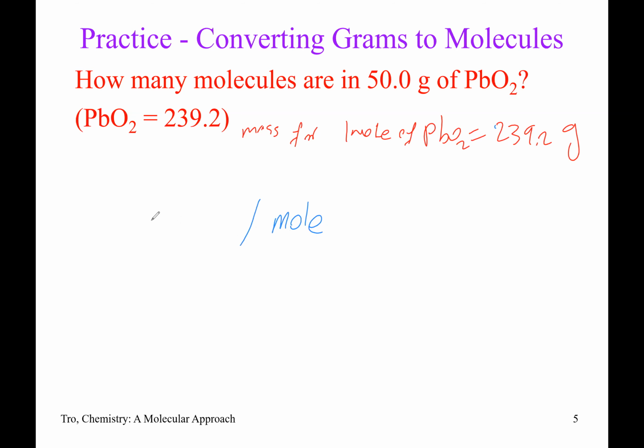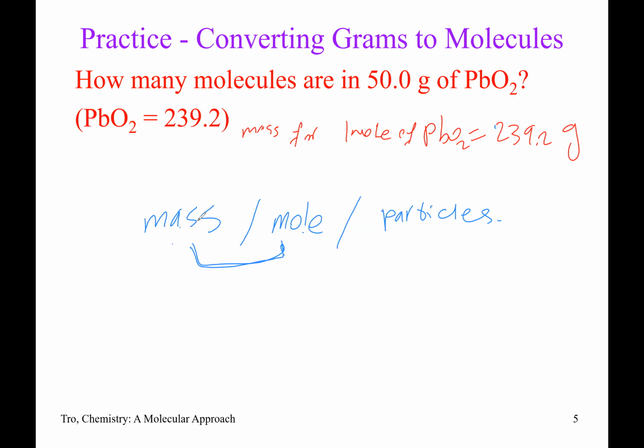Mole is a mass mole, and mass mole particles. So if you have the mass, you want to convert to mole. How do you convert the mass to mole? What information do you need? You need the molar mass.